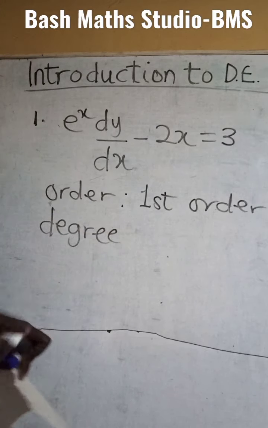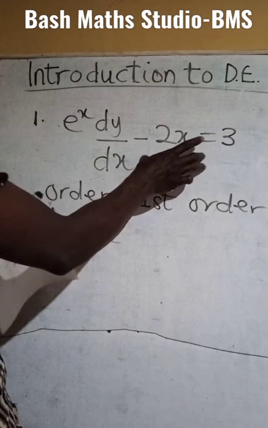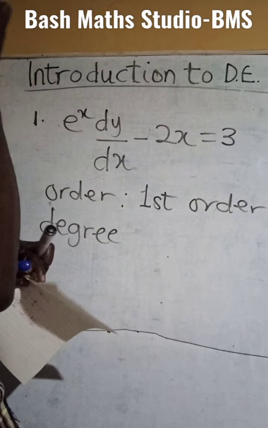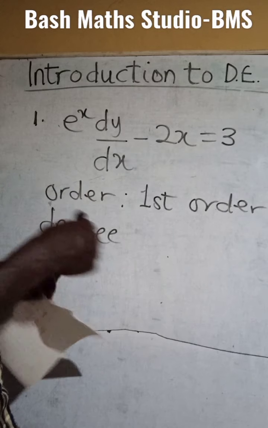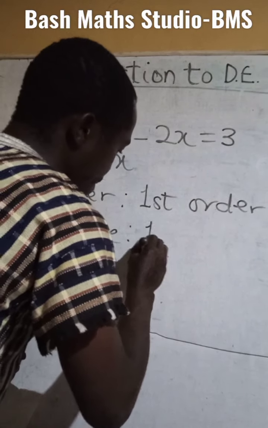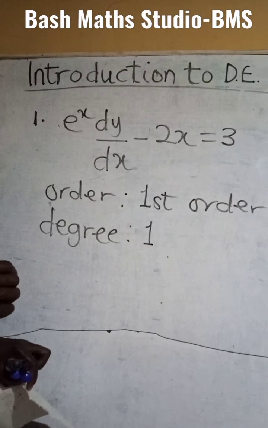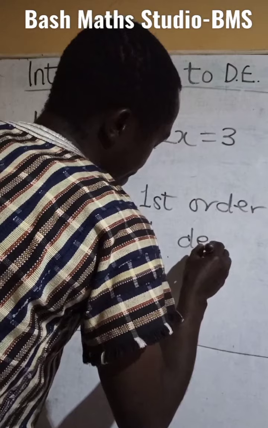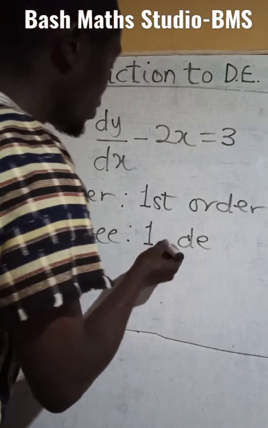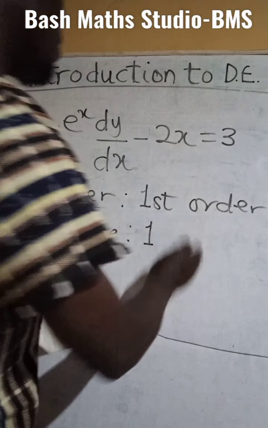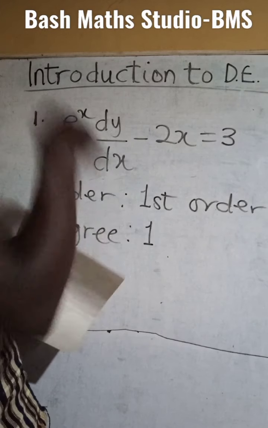So degree. What is the degree of this differential equation? The degree is 1, or it is of first degree. Let's just shorten it as degree 1.